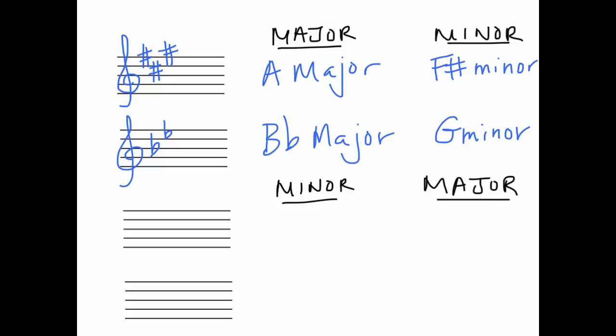Next, let's try taking a minor scale and finding its relative major. So let's try C minor. Now we're going to do the opposite. We're going to go up 2 notes from C. Now we can't use the key signature to help us this time because we don't know what the key signature is yet. So 2 notes up from C is C, D, E. But first we have to check to make sure that these 2 agree with each other. So is there a C in E major?